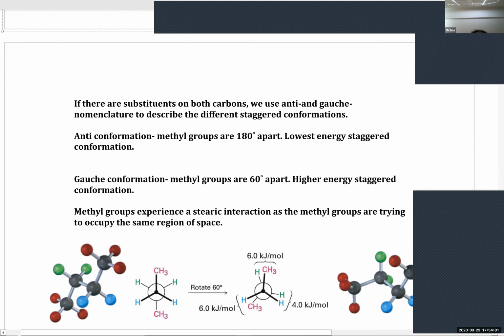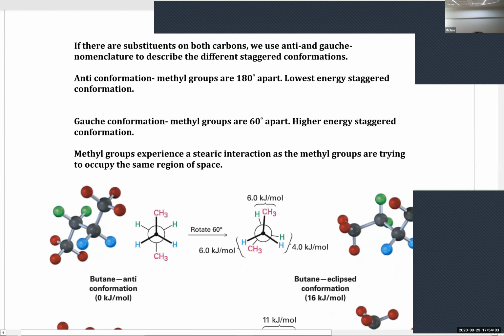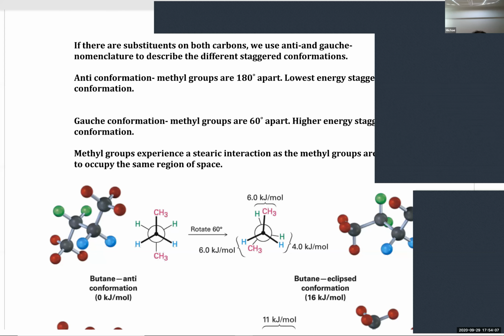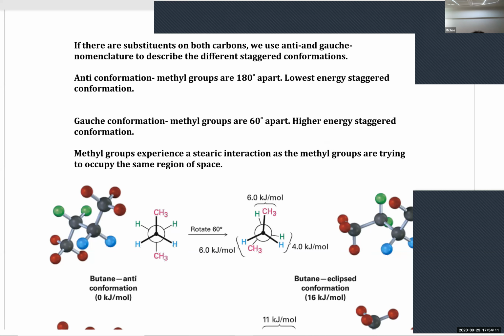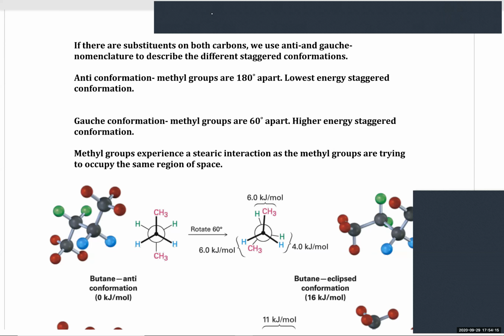Okay, so let's keep going with this example. We're going to continue on with our conformational analysis. Now, if there are substituents on both carbons, we need to use anti and gauche nomenclature to describe the different staggered conformations.